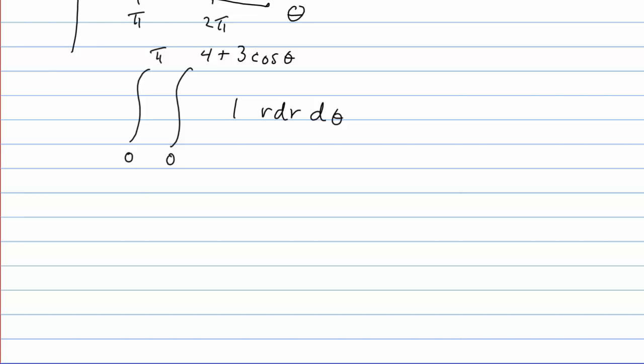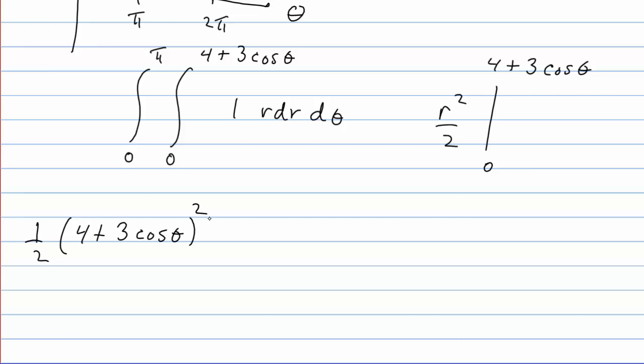Now when we look at the inner integral, we're going to get r squared over 2 from 0 to 4 plus 3 cosine theta. Plugging all that in, we would get 1/2 of 4 plus 3 cosine theta squared.